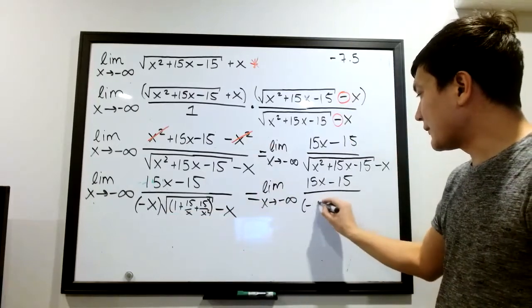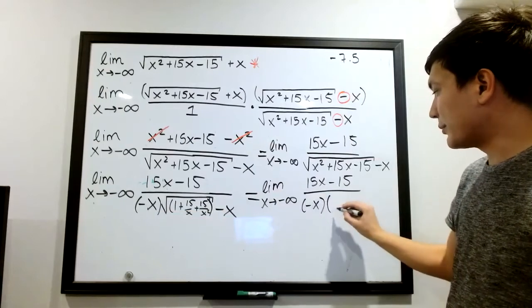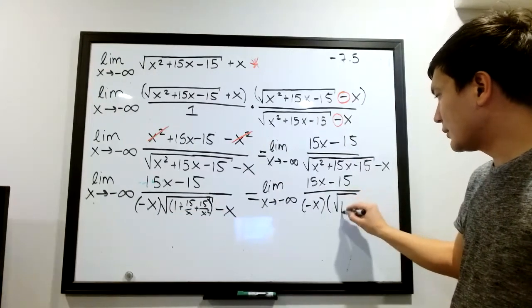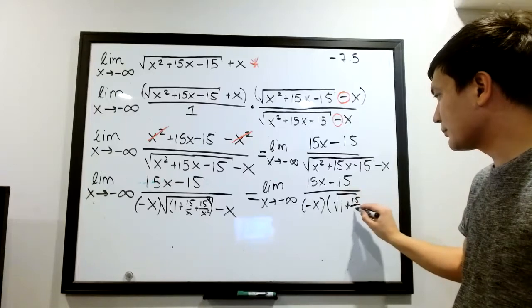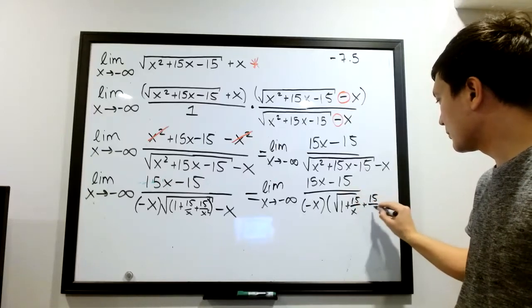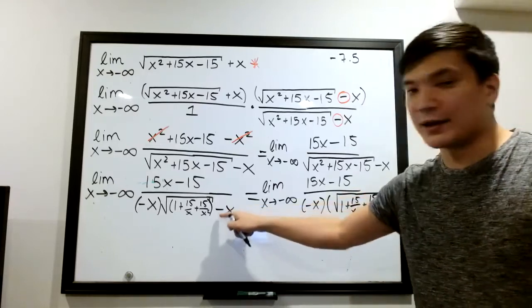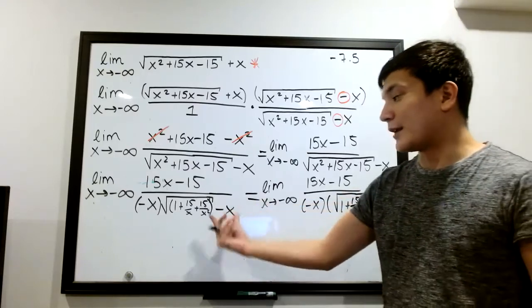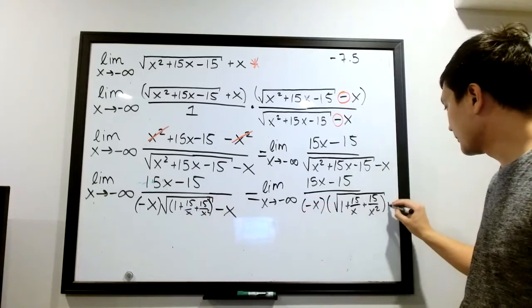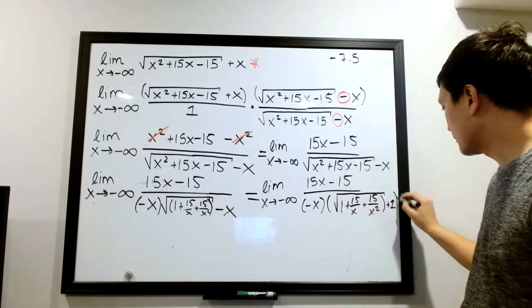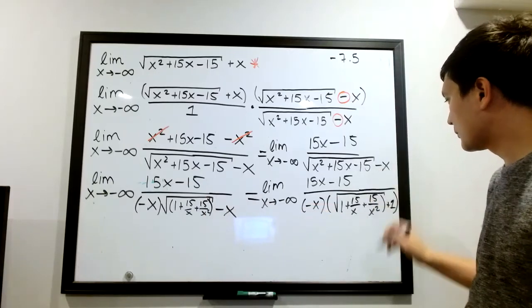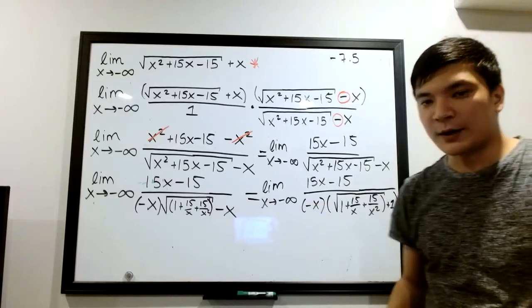So this becomes negative x, and then in brackets we have the square root, that doesn't change, and then we have minus, well, plus 1, right? Because we factor out the negative 1, so it's going to be a plus 1 there.